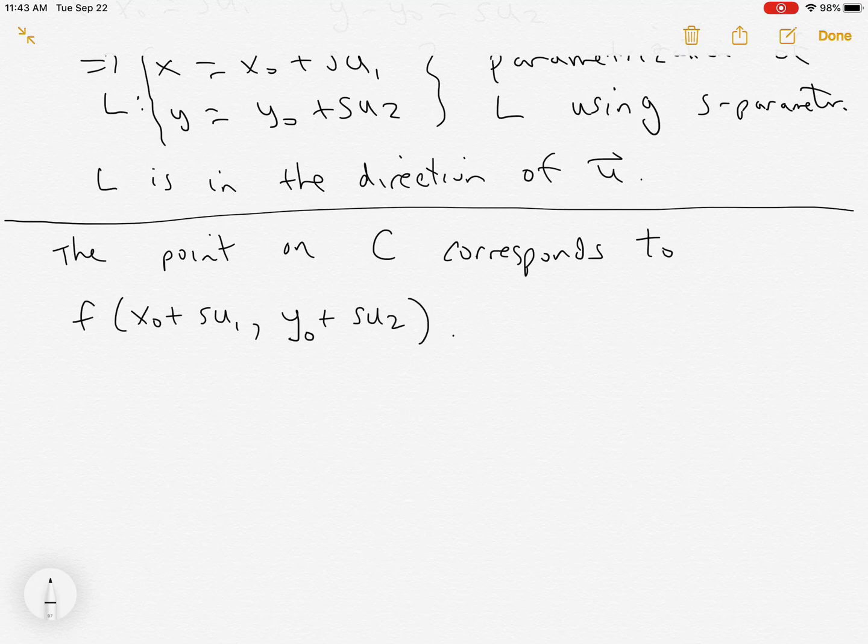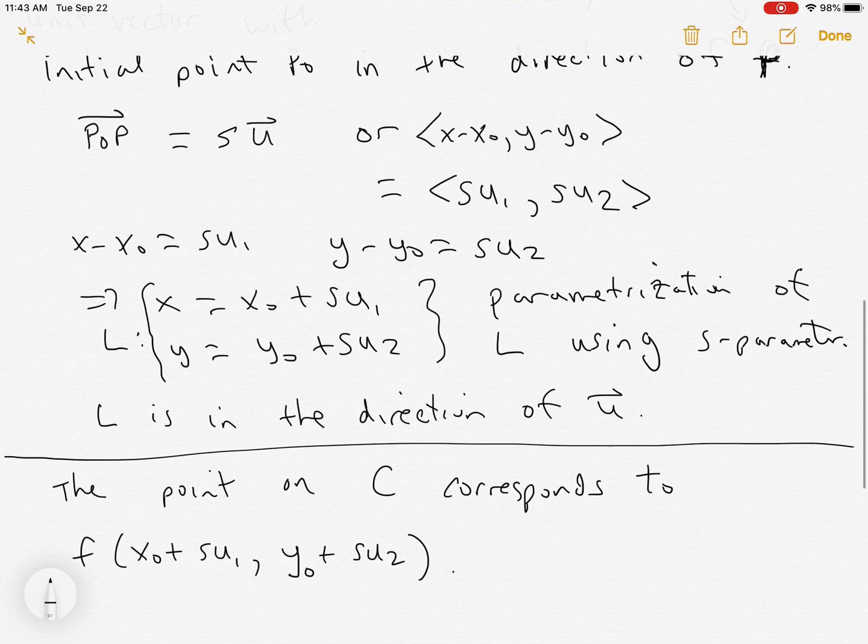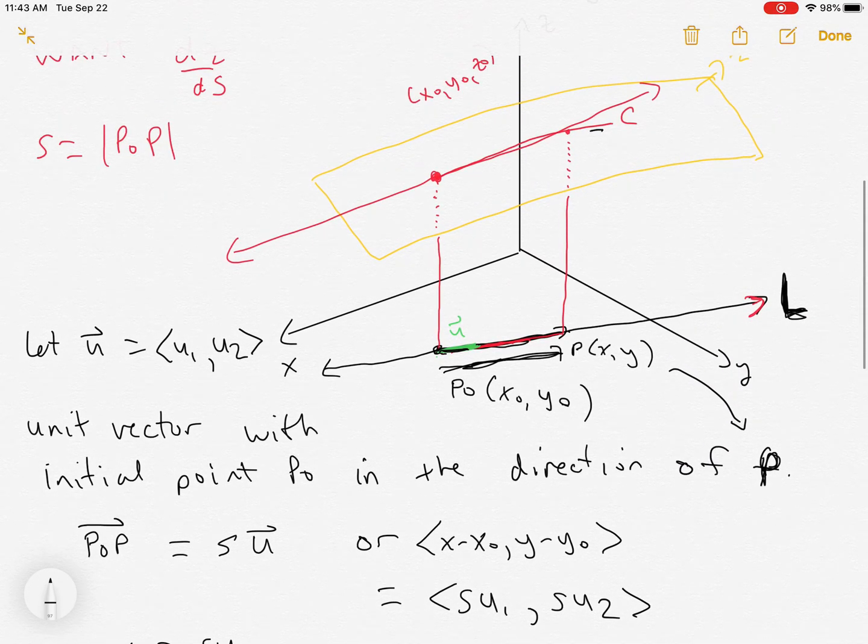So this is now any point on that curve C. I'm going to go back up here. So any point on this curve C has that value.